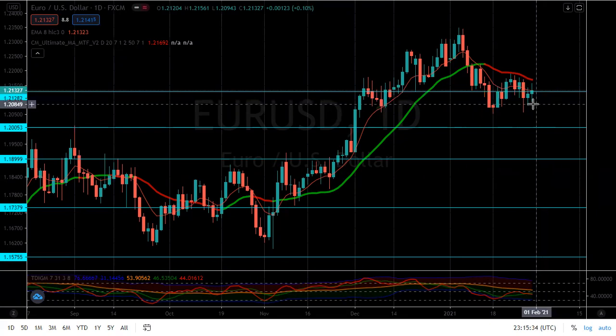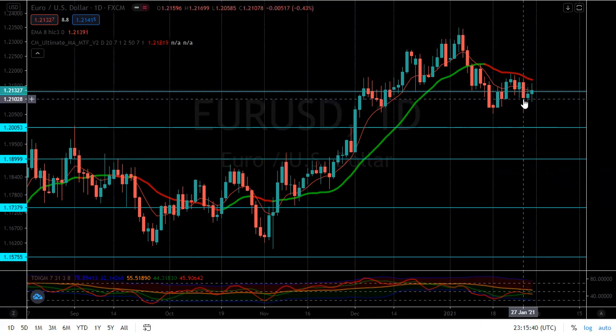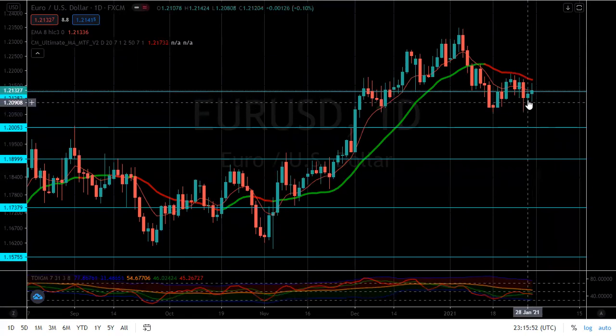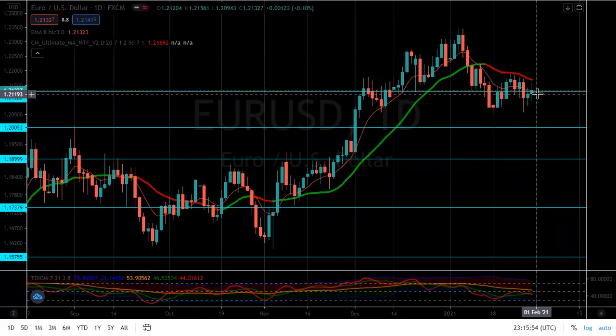But based on the context I'm looking at, this is a huge bearish candle. What we've seen here is more or less smaller candles, although we've gotten higher highs and higher closes for Thursday and Friday.